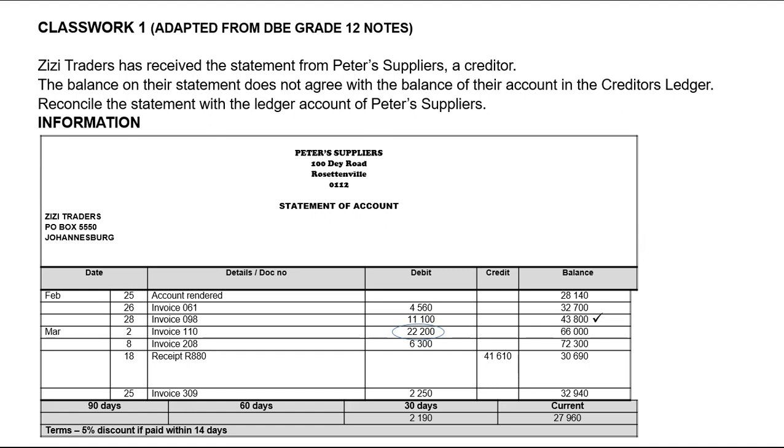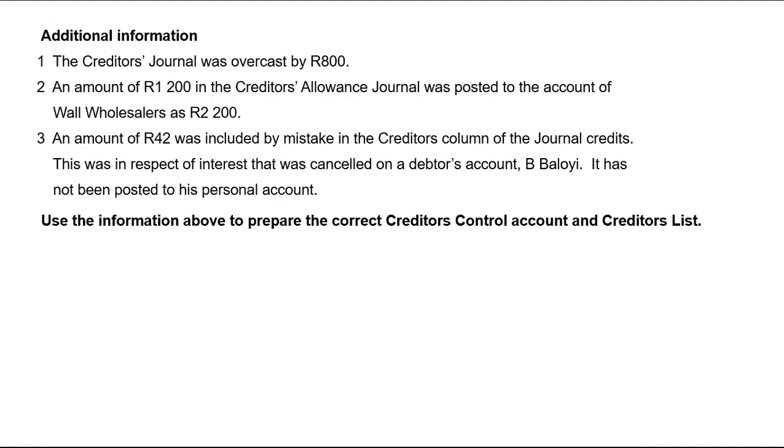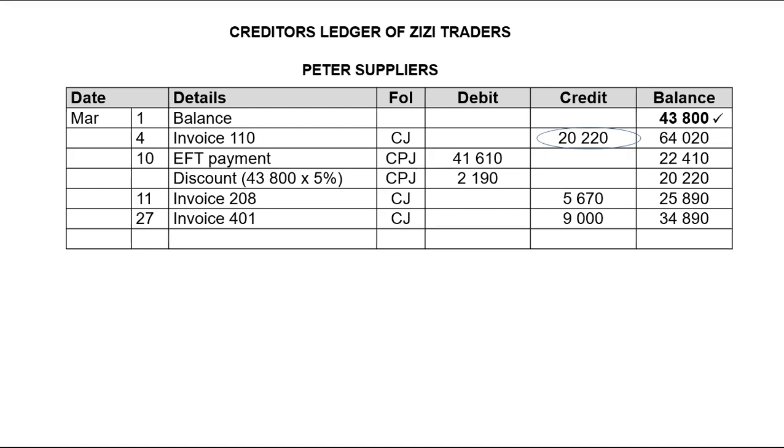We don't have it that side, so I'm going to circle it. And then we've got a receipt. So they received 41,610, which is what we've got as well. 41,610, I think we do have. There it is. So I'm going to tick it as well.